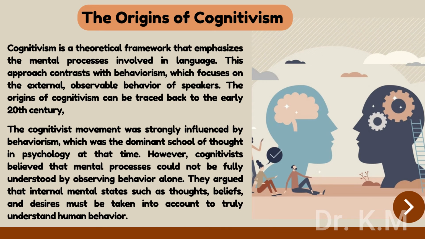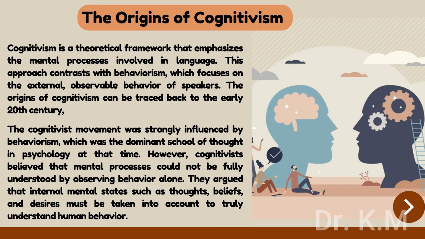The Origins of Cognitivism. Cognitivism is a theoretical framework that emphasizes the mental processes involved in language. This approach contrasts with behaviorism, which focuses on the external, observable behavior of speakers. The origins of cognitivism can be traced back to the early 20th century. The cognitivist movement was strongly influenced by behaviorism, which was the dominant school of thought in psychology at that time.